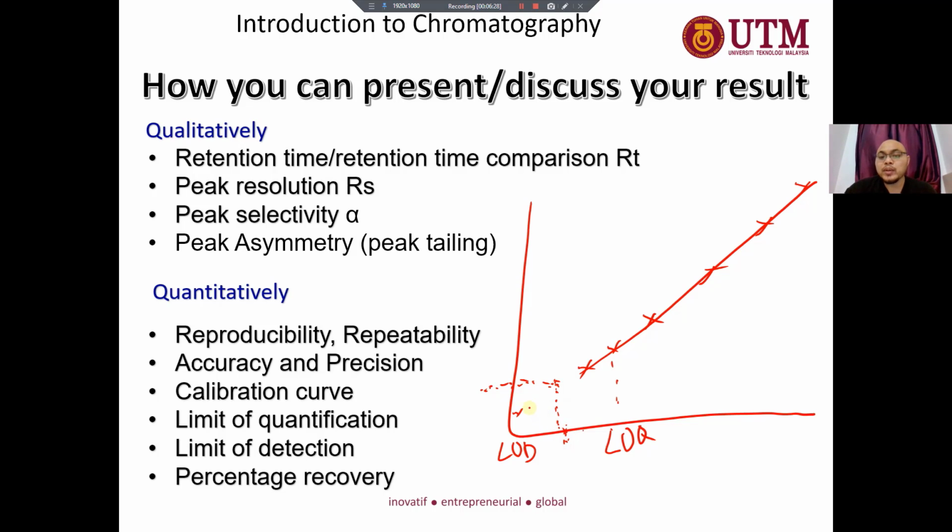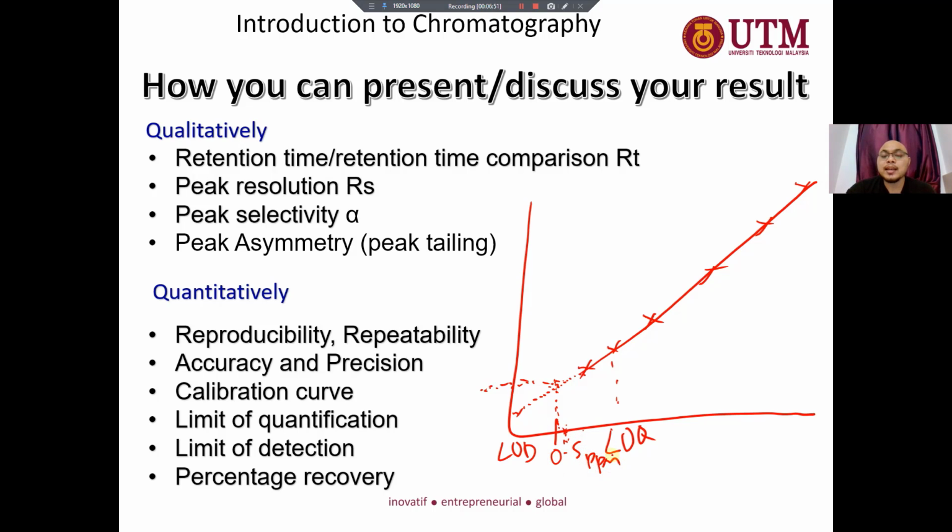But you have the virtual line you can use. When this happens, we cannot say accurately that it has been quantified. But we can say that it was detected at this concentration, for example, 0.5 ppm.